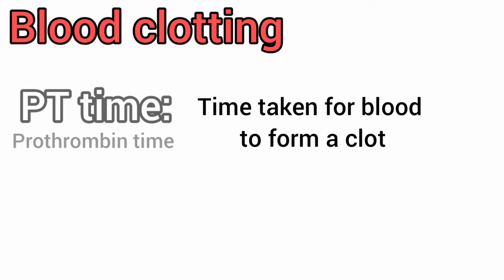A common method that estimates the blood levels of vitamin K is measuring the PT time. PT means the prothrombin time, and it is the time it takes for the blood to clot.